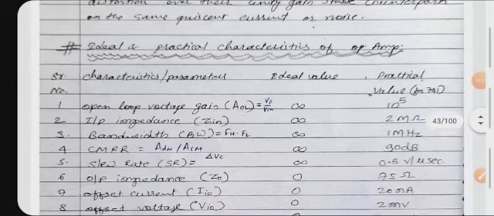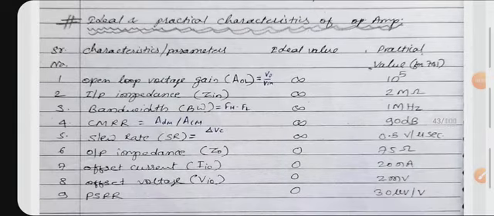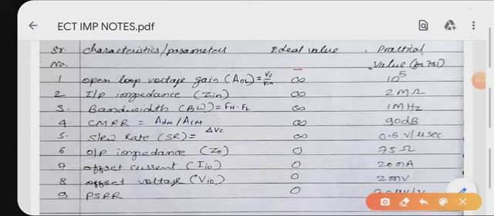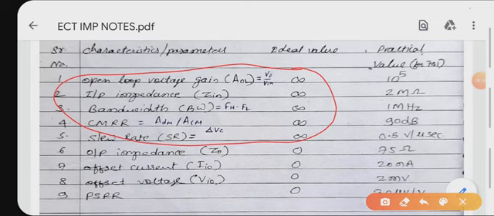Already you have studied characteristics of operational amplifier, which are also called parameters or features of an op-amp. So here this table indicates ideal and practical values of different parameters of op-amp, like open loop gain. Ideal values, some of the parameters are infinite, like input impedance, bandwidth, CMRR, slew rate. All these values are infinite, you can see here, whereas the output impedance, offset current, offset voltage, PSRR, all these are 0.